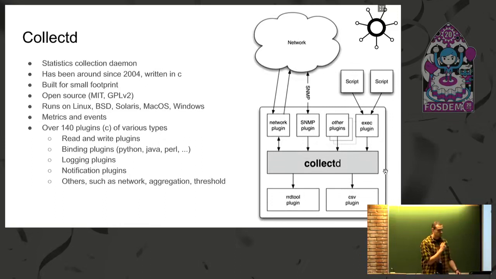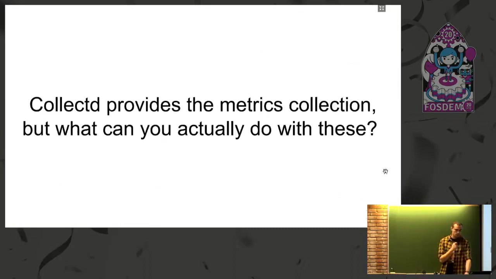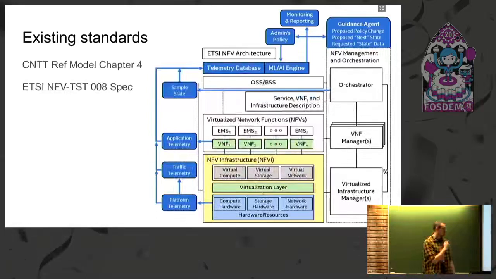So we know that CollectD provides us the ability to collect metrics, but which ones are interesting for you? Why would you choose CollectD actually? There are existing standards organizations and bodies like ETSI or CNTT that are documenting specifications listing the set of metrics and capabilities that you are particularly interested in for the NFV architecture.